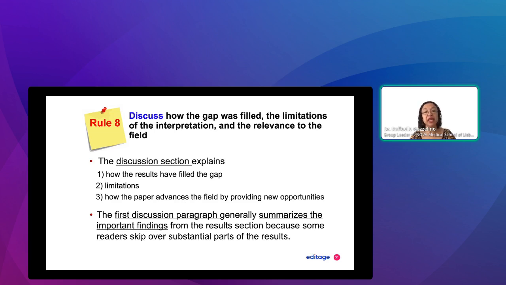But also explain how the paper advances the field and provides new opportunities to eventually bridge areas of knowledge or open new doors for your colleagues to fit in and discover new data. So the first discussion paragraph generally summarizes the important findings from the results section, because some readers skip over substantial parts of the results. So it's exactly the opposite trend to an introduction.